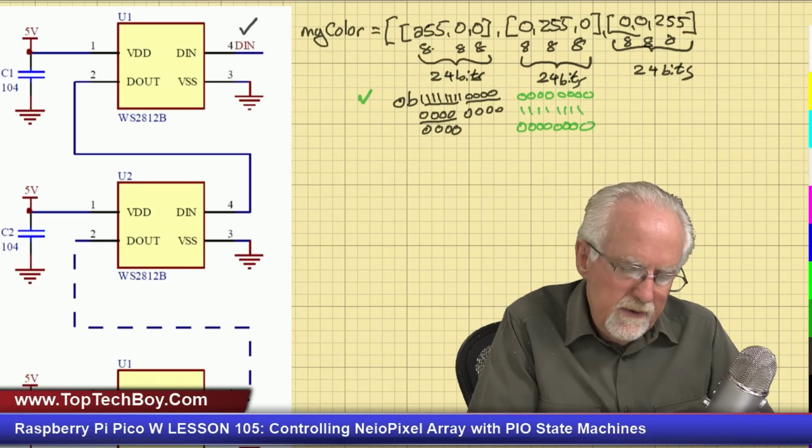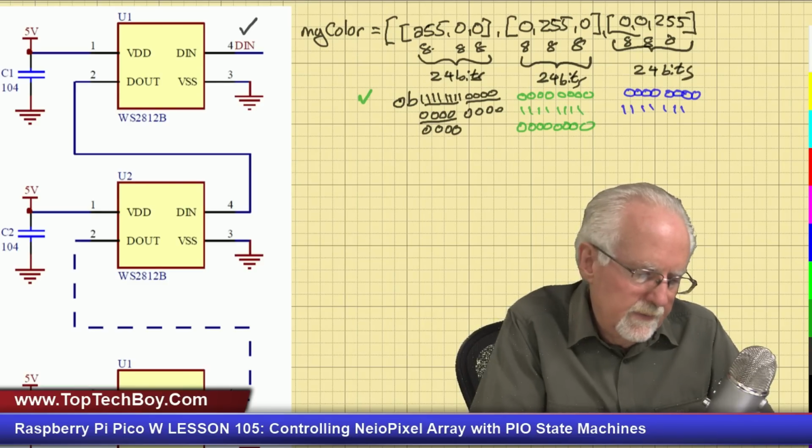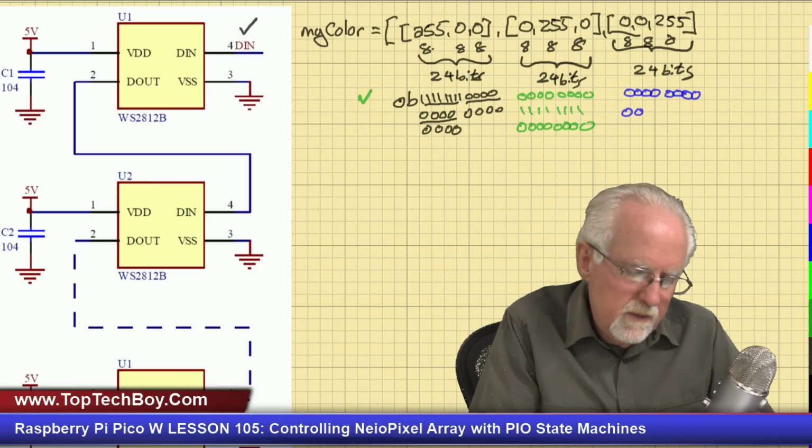Very good. Now the last one's going to be blue, okay? And so that's going to be, again, 0, 0, 0, 0, 0, 0, 0, 0, and then it's going to be 1, 1, 1, 1, 1, 1, 1, rookie mistake, and then 0, 0, 0, 0, 0, 0, 0, 0, and then 1, 1, 1, 1, 1, 1, 1, 1.